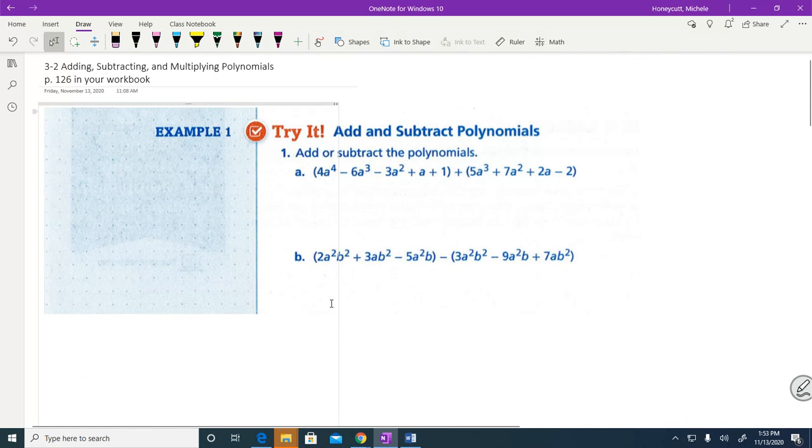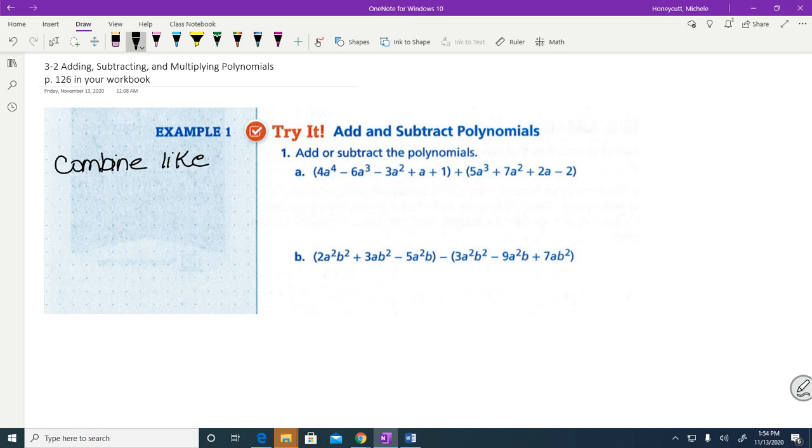All right, so now let's talk about adding and subtracting. To add and subtract polynomials, all you have to do is combine like terms. So I'm going to look for like terms. 4a to the fourth. Oh, no like terms there.